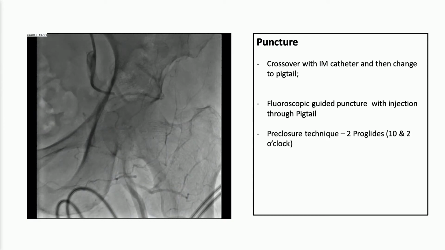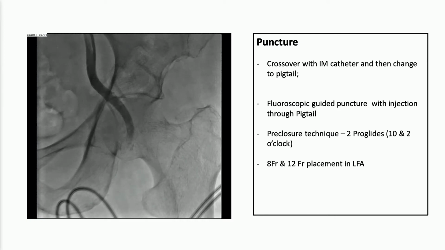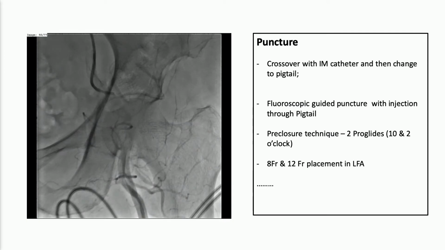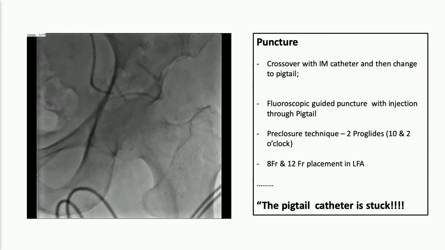You use a pre-closure technique using 2 ProGlides at 10 o'clock and 2 p.m., or 14 o'clock, with an angulation, and we then changed to an 8 French and a 12 French placed in the left femoral artery. Then when the operator was going to take out the pigtail and put it in the aorta, the pigtail didn't come, so it felt like it was stuck.